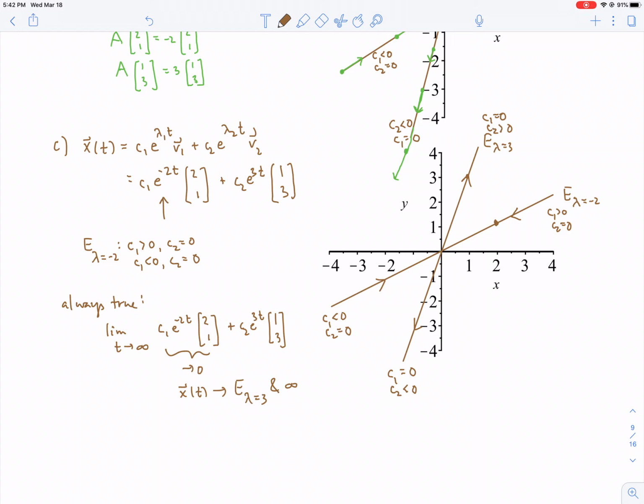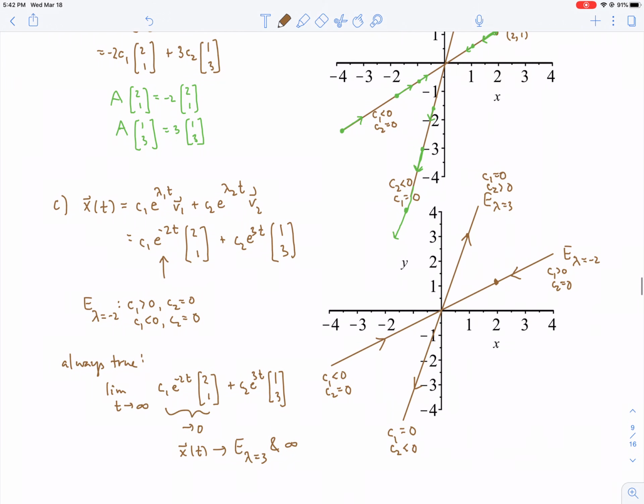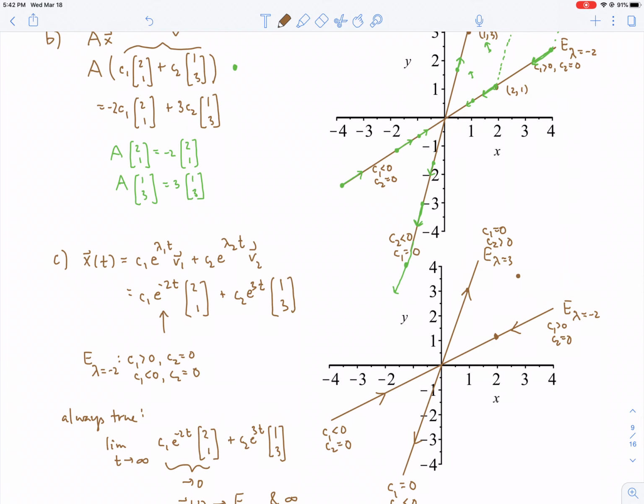And so, for example, if I started at the point 2, 1 plus 1, 3, so the C1 and the C2 are both 1, then as t goes to infinity, the solution trajectories are converging asymptotically to the lambda equals 3 eigenspace.